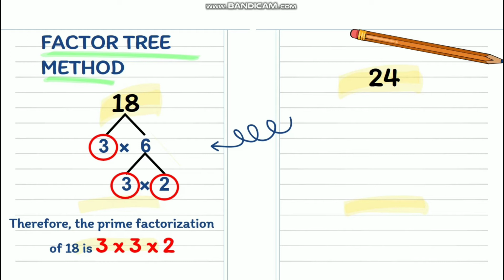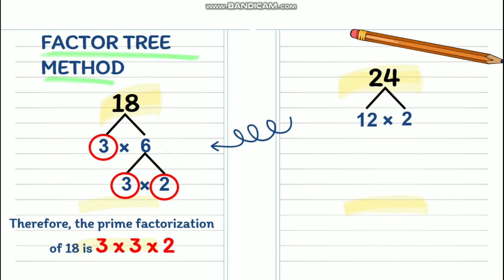Okay, let's have more examples. Let's try to get the prime factorization of 24. Again, you just have to split it into its factors until all the remaining factors are prime. So we can have 12 times 2. Even if you use 8 times 3 or 6 times 4, you will still come up with the same prime factors. Let's check each number. 12 is not a prime, so we cannot encircle it.